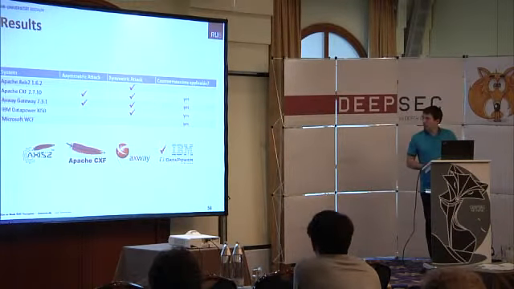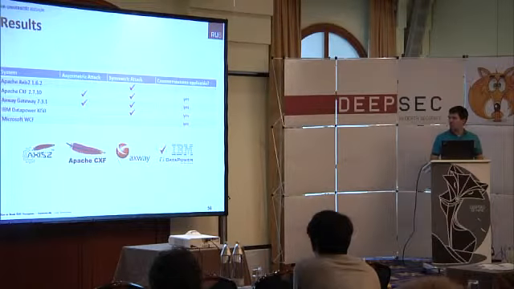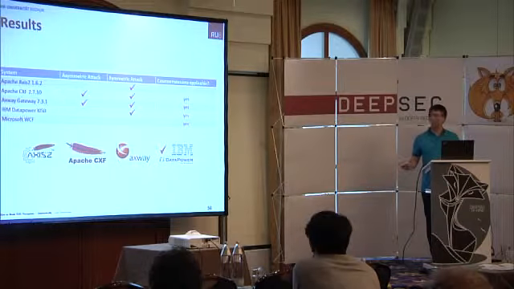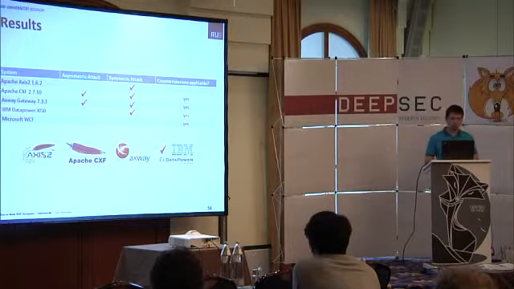So we analyzed five servers and application firewalls: Apache Axis2, Apache CXF, XML Gateway, IBM DataPower, and the Microsoft Windows web services implementation.